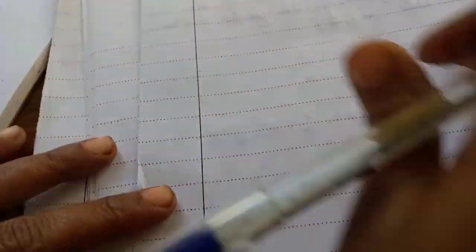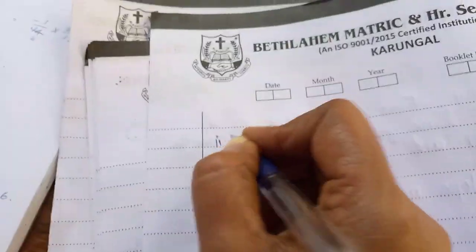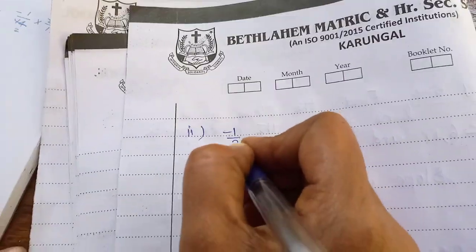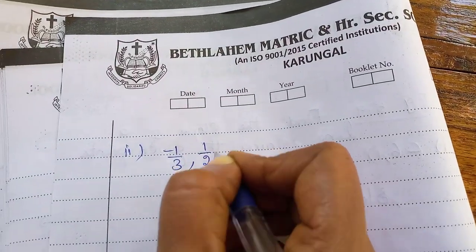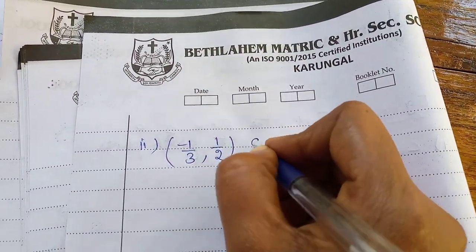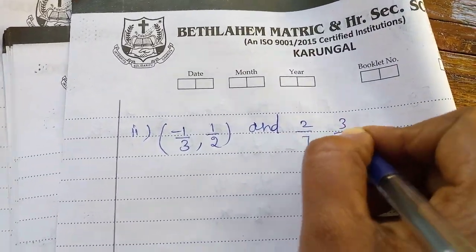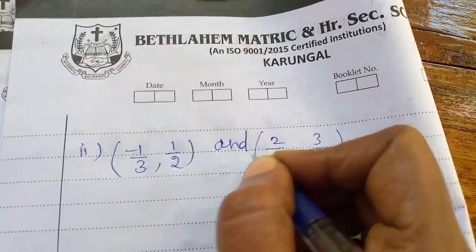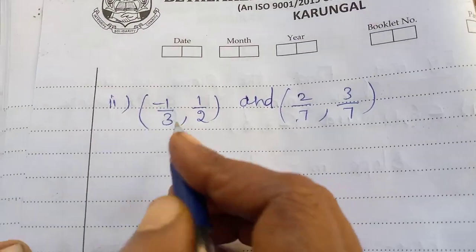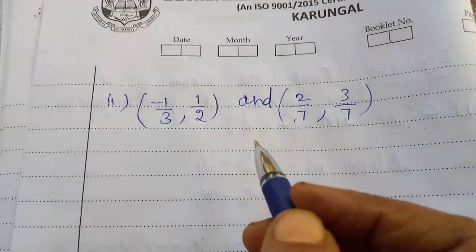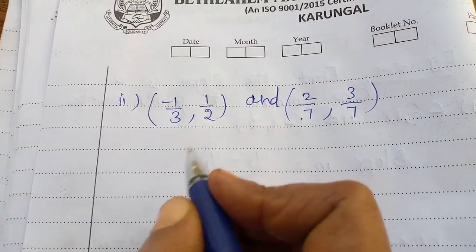Minus 1 by 3, 1 by 2 and 2 by 7, 3 by 7. Same procedure only. Here they are fraction numbers. That is the difference. Same procedure we have to use.